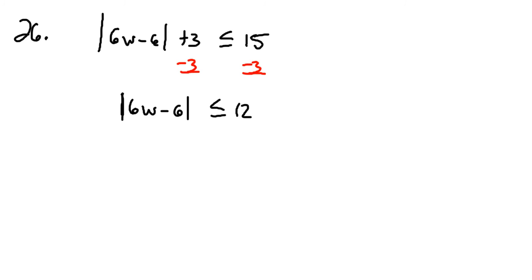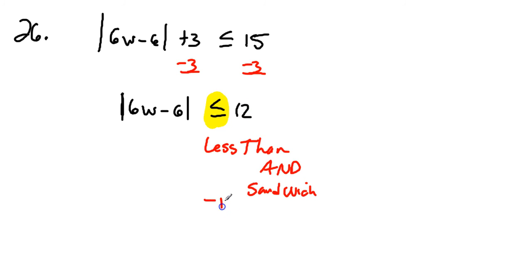Okay, and once you've got the absolute value by itself, then you can look at the signs. Well, in this case, it's less than. So that's just like the last problem, which means it's an and statement, which means in this case you're going to sandwich it between negative 12 and 12.